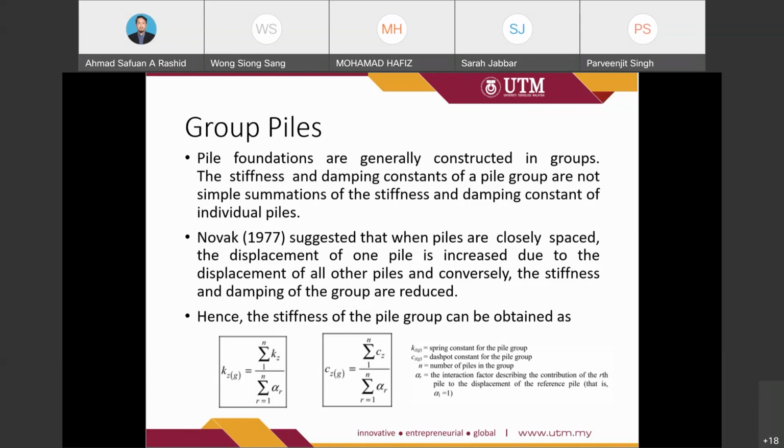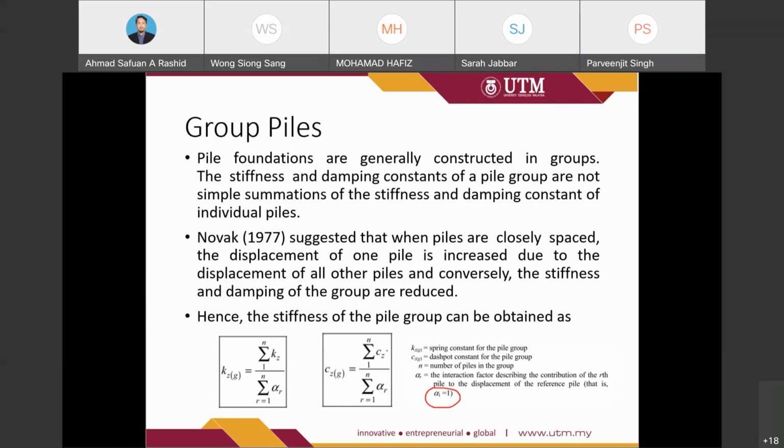Hence, the stiffness of the pile group can be obtained as the sum of the KZ, because this is a pile group, over the sum of the alpha r. So this is the alpha r, which is related to the spacing. We will show you how to obtain the alpha r, where we need to do a calculation using a graph.